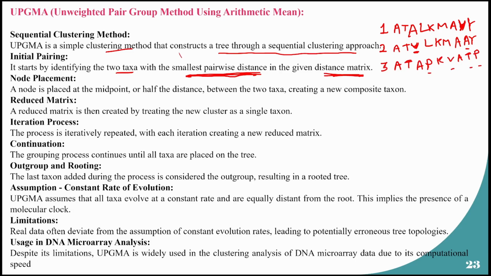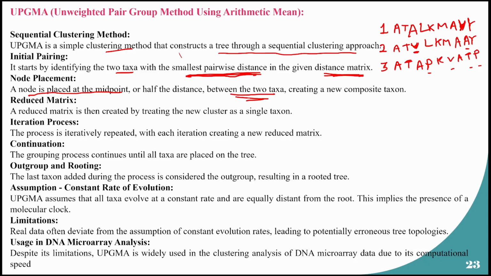You have to find out the smallest distance in this matrix. Then the smallest distance will be the distance between two sequences, so what you do is place a node at the midpoint of those two sequences where the smallest pairwise distance was present, and you consider that as the midpoint between these two taxa.